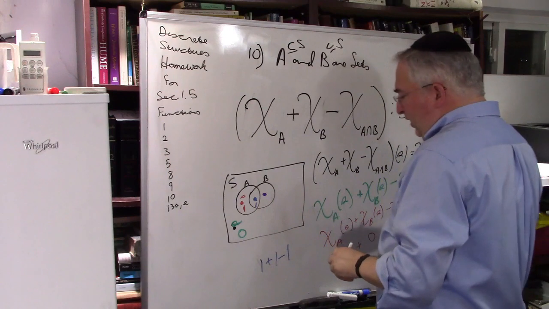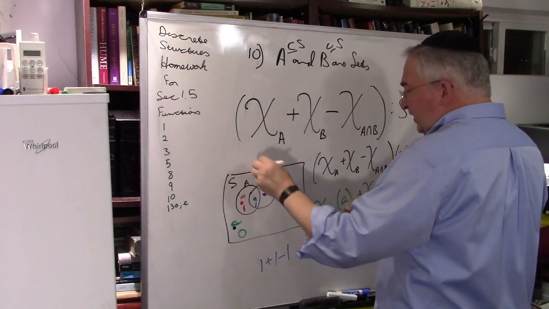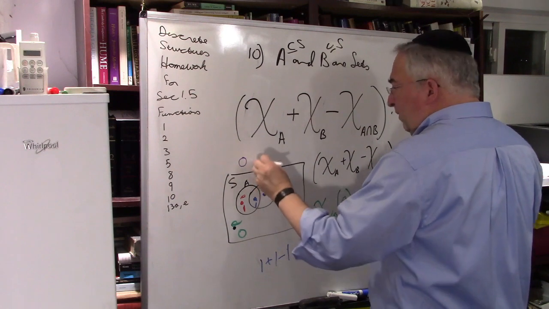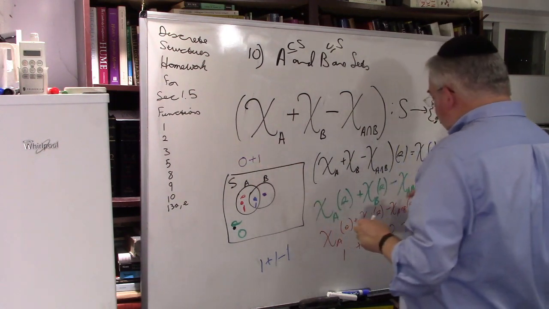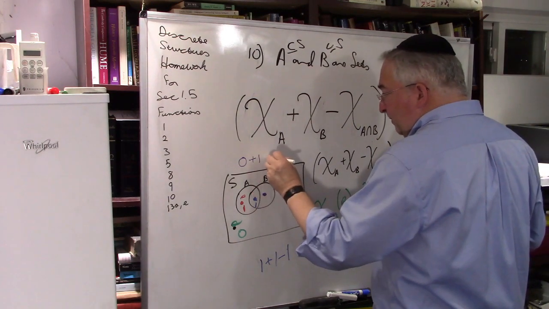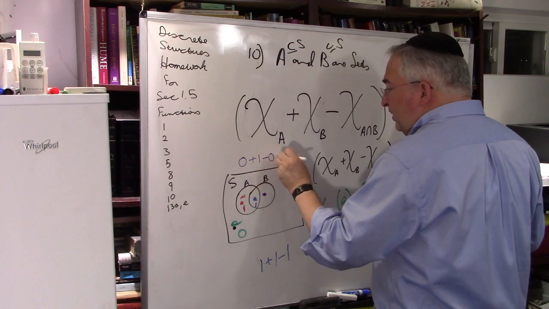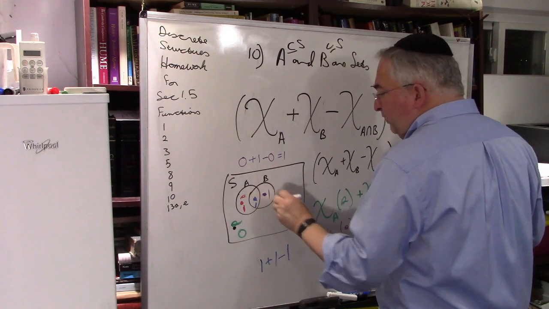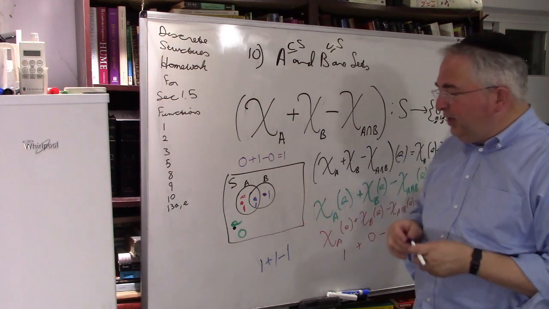Let's see. It's not in here, so it's going to be 0 plus, it's in B, so it's going to be a 1, and it's going to be minus this, it's not in there, so it's going to be a minus 0. So what is 0 plus 1 minus 0? That's equal to 1, so it's going to output a 1 here. So it's going to output a 0 here and a 1 in the other regions.